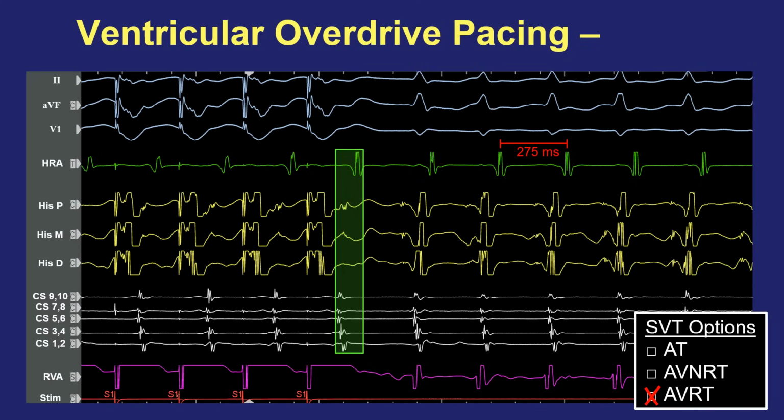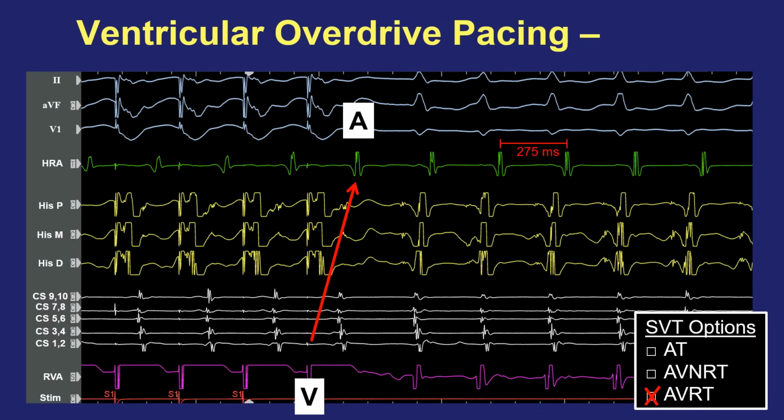We have on the last paced beat V going back up to A, and then what is the next spontaneous thing to occur? Here, the A and V are somewhat simultaneous, so in fact, I'm going to draw lines here. Yellow is where the His is inscribed, purple is where the earliest ventricular event is located, the beginning of the QRS, and the green line is the earliest atrial event, which is here in the coronary sinus.